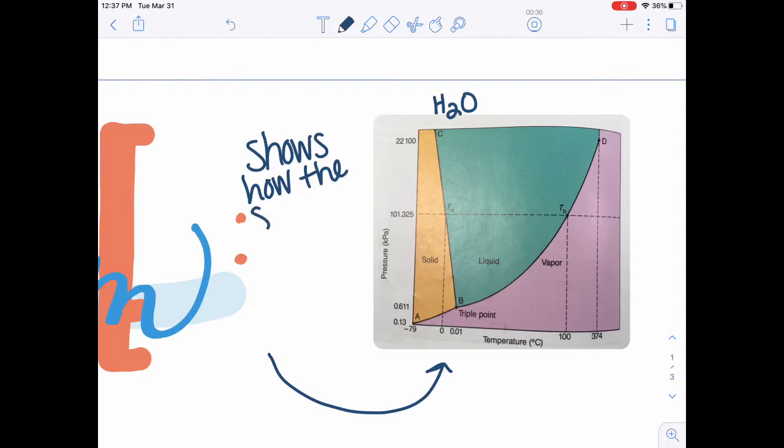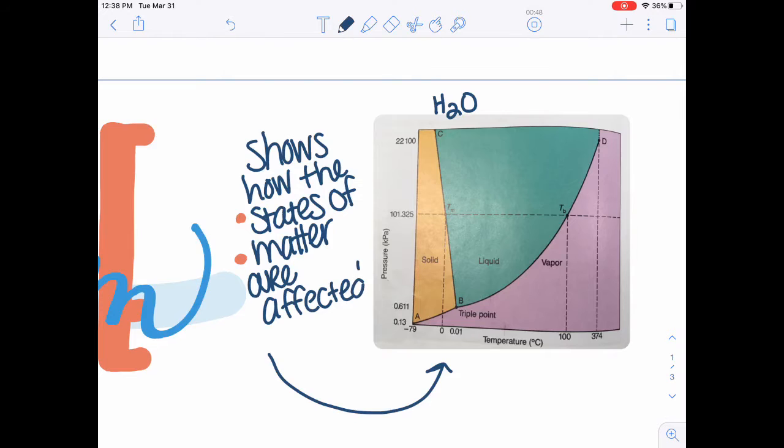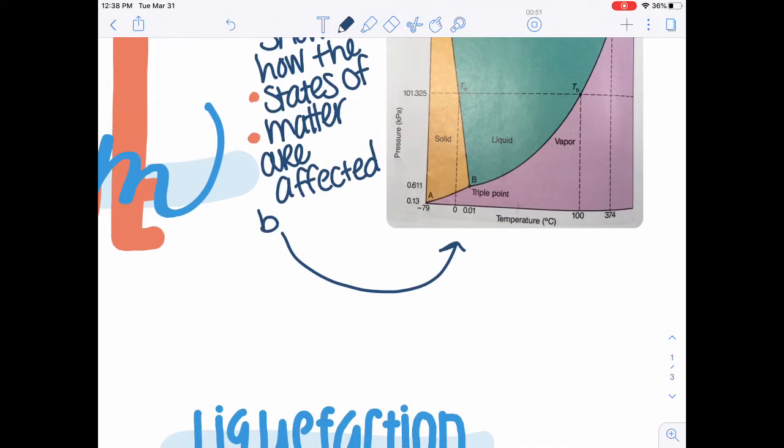how the states of matter are affected by changes in temperature and pressure.